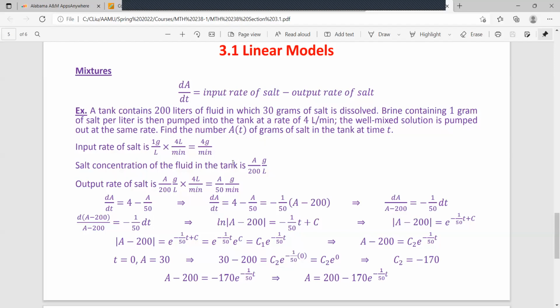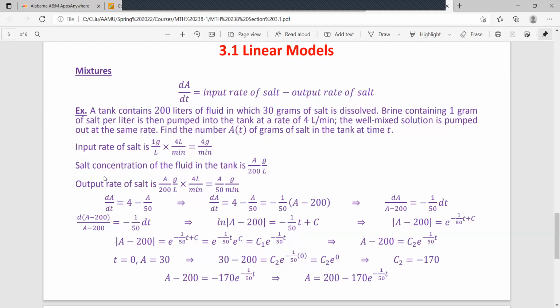We know A, capital A, is the amount of pure salt in the tank at any time. If you divide A by the volume of the tank, 200, you get the concentration of the solution in the tank at any time. The amount of pure salt divided by the volume of the solution gives you the concentration of the pure salt. So the salt concentration of the fluid in the tank is A over 200 grams per liter.